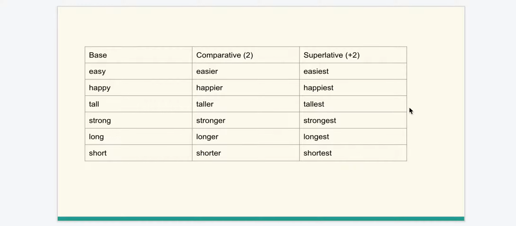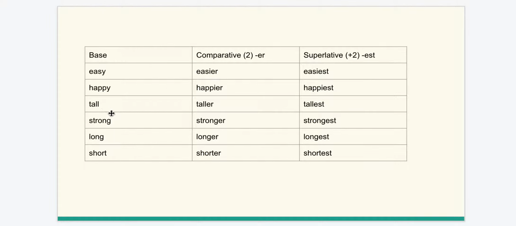Now I know that I add EST to my superlatives, but I also have to drop that Y, add an I, and then EST. If it helps, you can write down on your paper and your notes from yesterday. So I just added an ER and an EST up here just to remember that when I'm comparing two things, it is ER. When I'm comparing more than two things, EST.